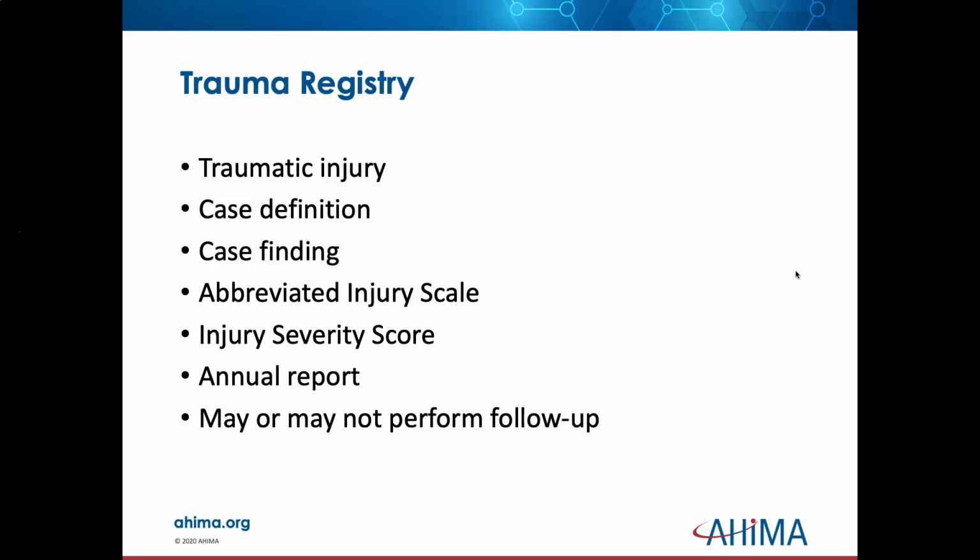And they are looking at traumatic injuries. They look at case definition, case finding. They have an abbreviated injury scale, an injury severity score. They provide annual reports. Some do perform follow-up and follow the patient until death, some don't. And some only follow them for 3 years or 5 years or 10 years. So it just really depends.